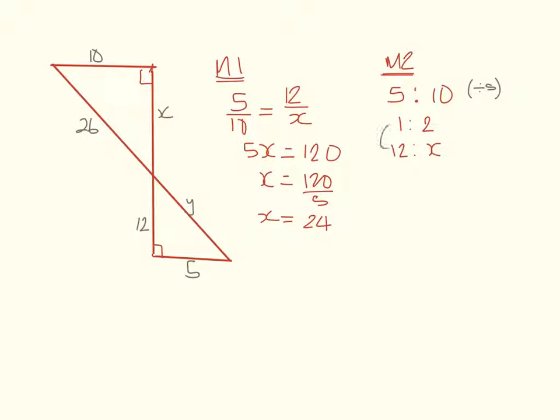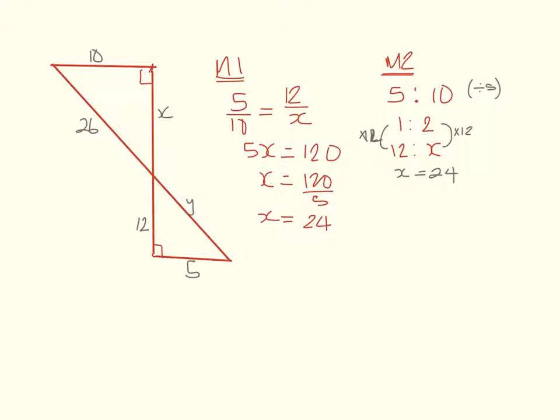So for 1 to become 12, I have to multiply it by 12. And just the same way, to find out what 2 will become, multiply that by 12 as well, and you will get 24. So therefore, x is equal to 24. Okay, so we got the same answer.